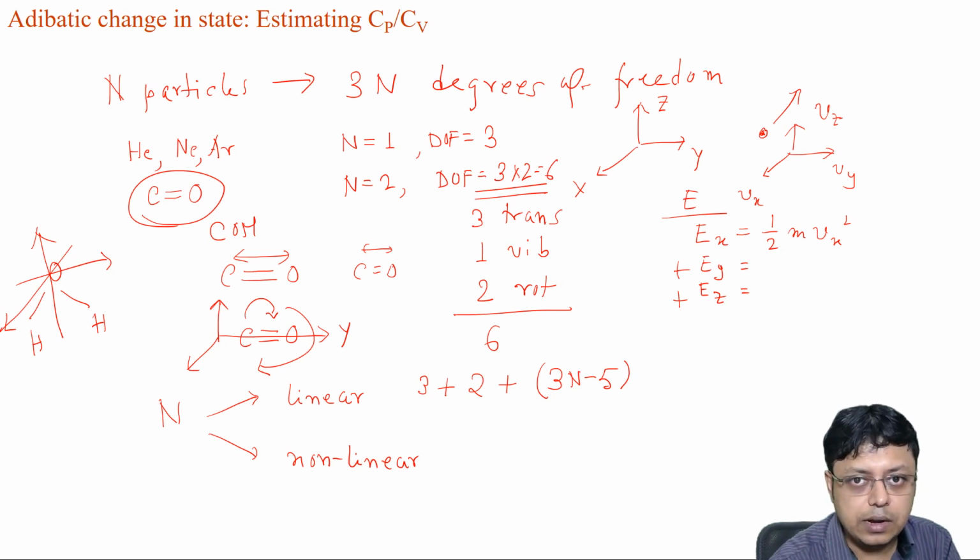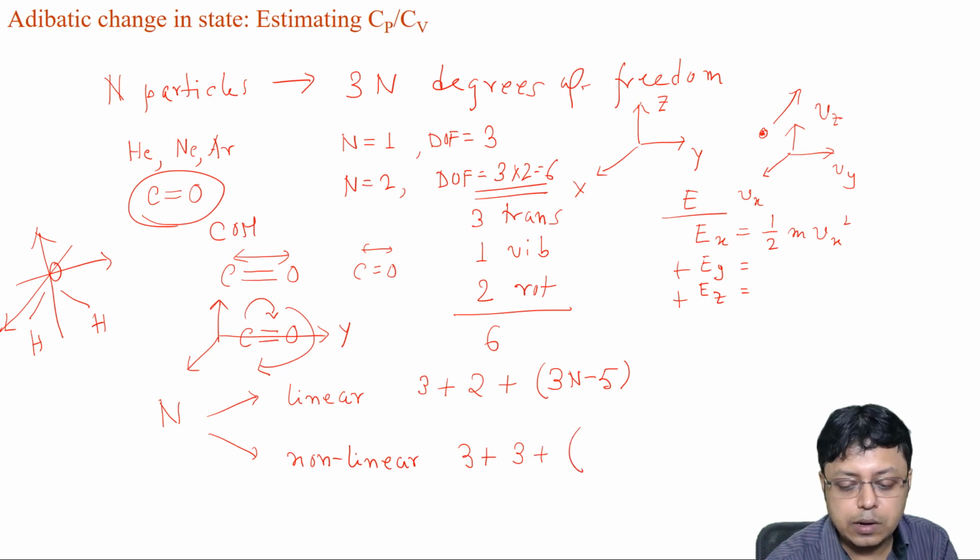You can easily figure that out, because the moment you try to align it, you cannot align the entire molecule along a particular direction, because the molecule is now not a linear molecule. So you'll have 3 translation, 3 rotation. So 6 degrees of freedom have already been taken into account. So you will be left with 3n minus 6 vibrational degrees of freedom. So this way we can calculate.